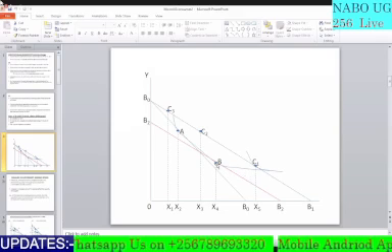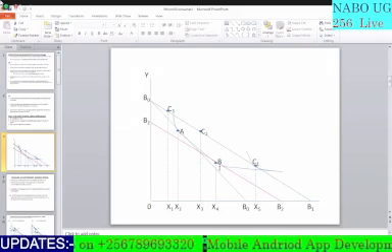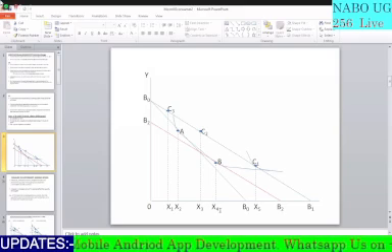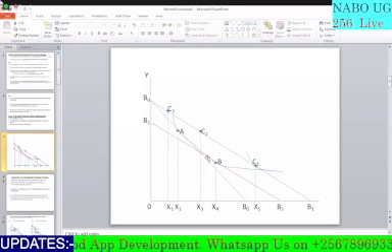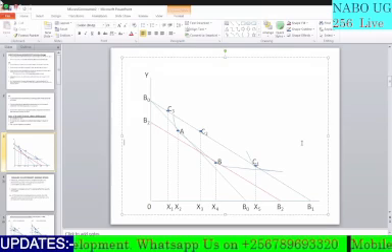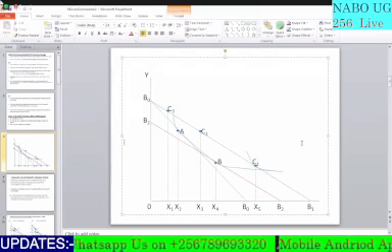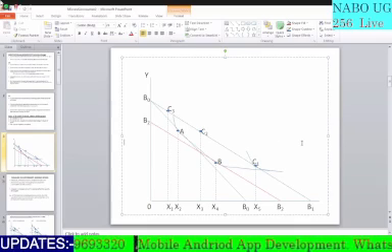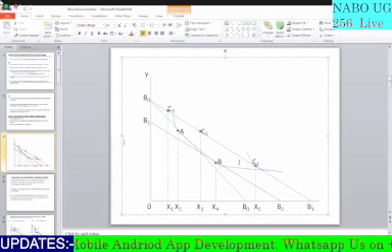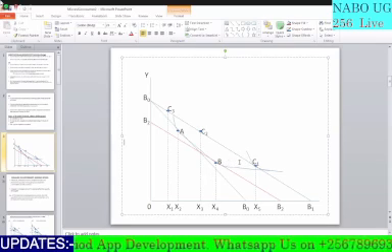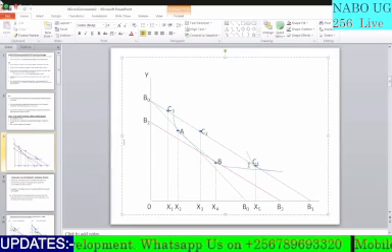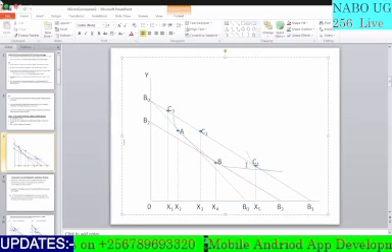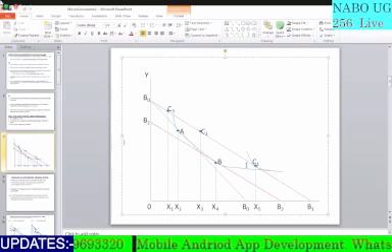That happens at point B. At point B, the individual consumes 4 units of X. So the movement from A to B is the substitution effect, along the same indifference curve. When you give him back his income, he moves to a higher indifference curve and will be at C1. So the movement from B to C1 is the income effect.